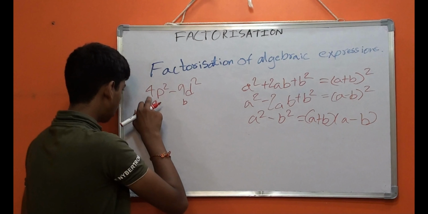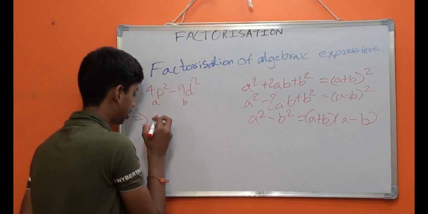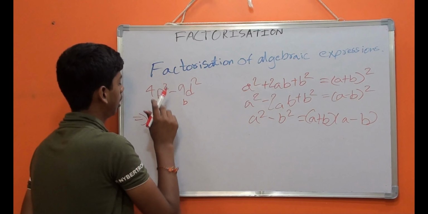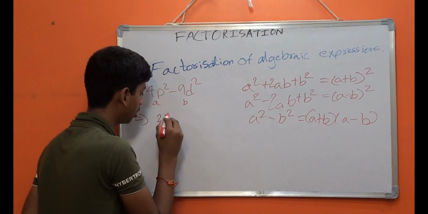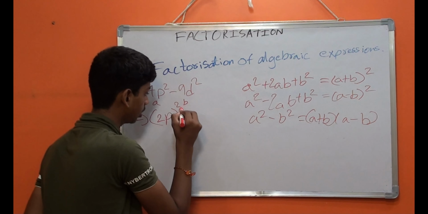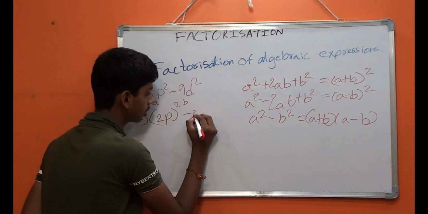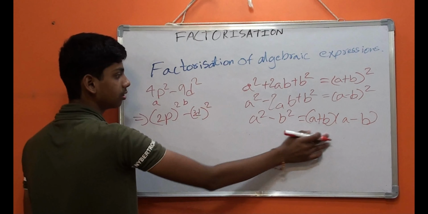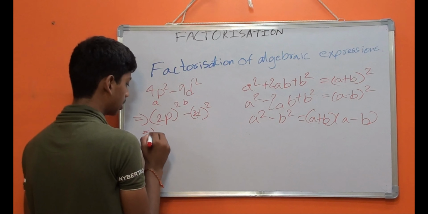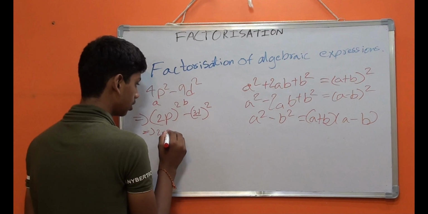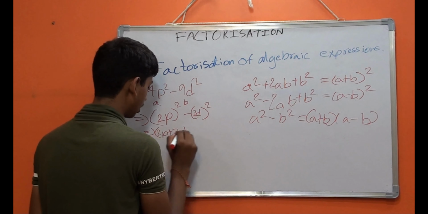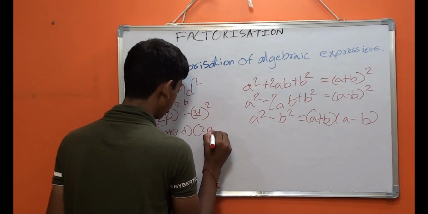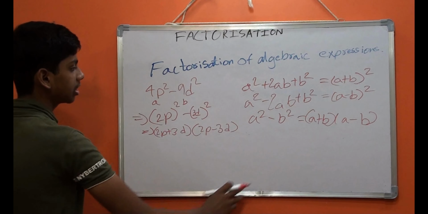Now we can take 4 as 2 square, so 2 and p square as p. So we will write it as (2p) whole square minus (3d) whole square. Now as we have written here, we will simplify it. So it becomes (2p plus 3d) into (2p minus 3d). So this is the answer.